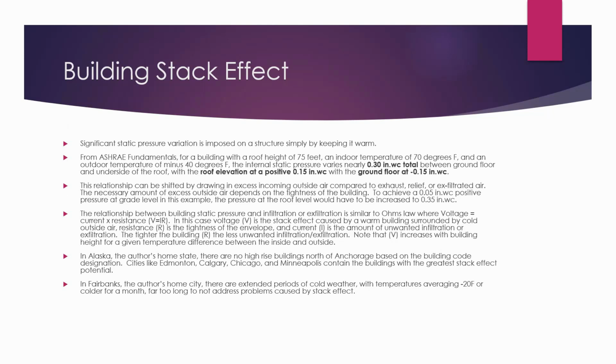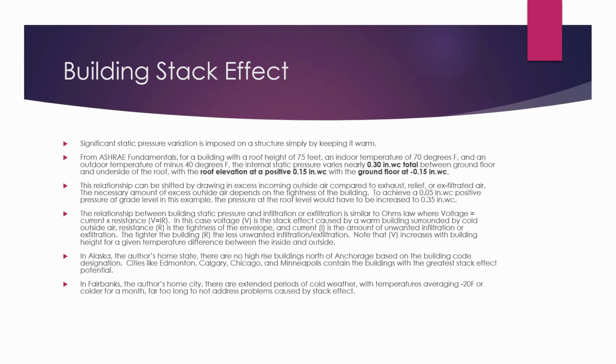This relationship can be shifted by drawing in excess incoming outside air compared to the exhaust, relief, or exfiltration air. The necessary amount of excess outside air depends on the tightness of the building.